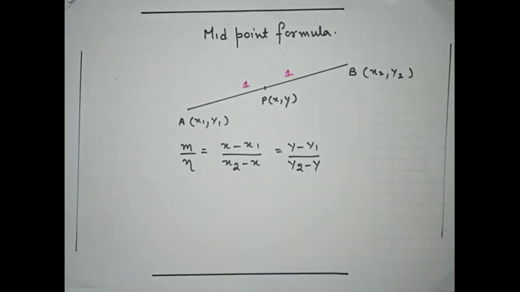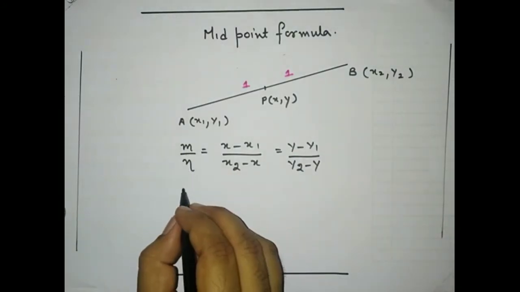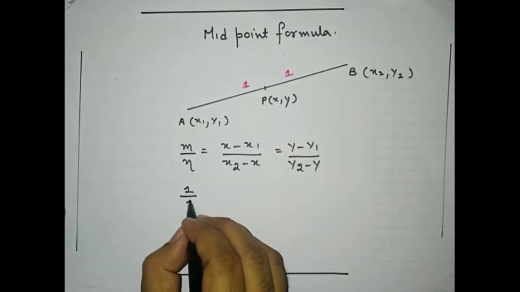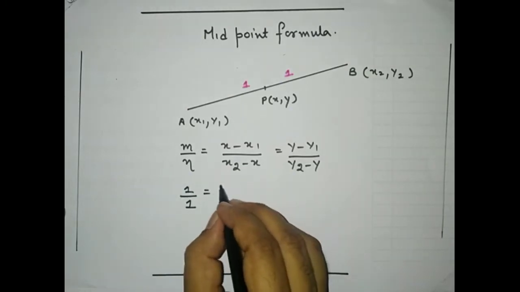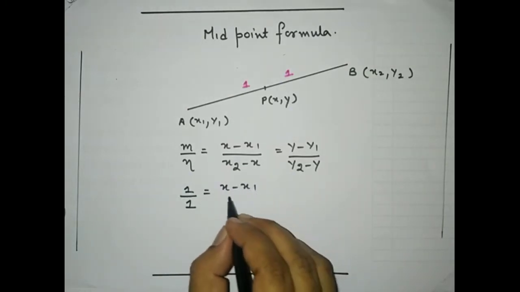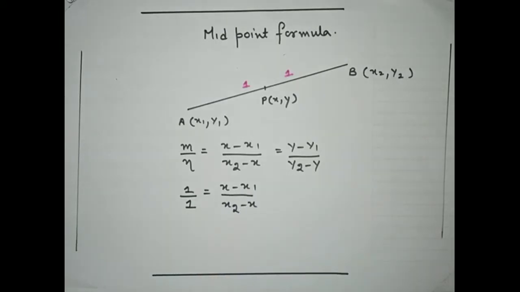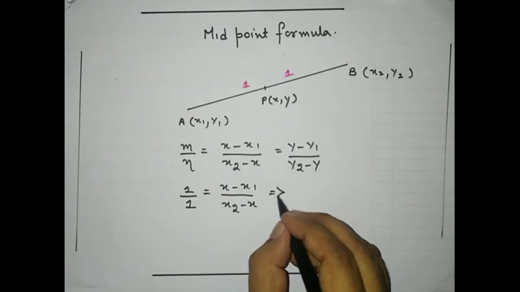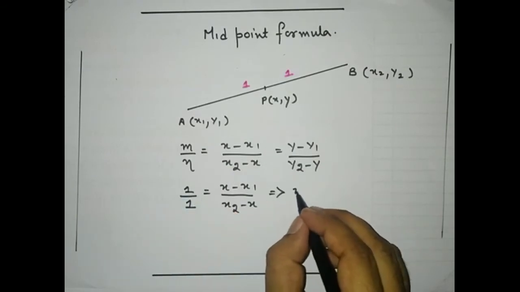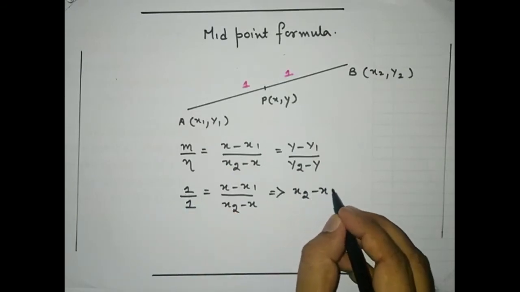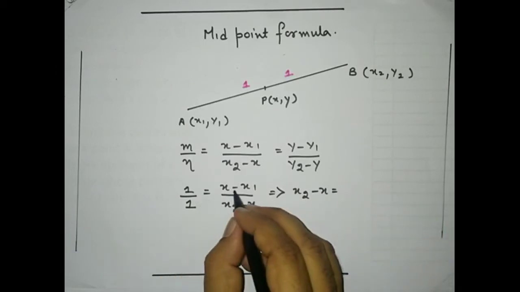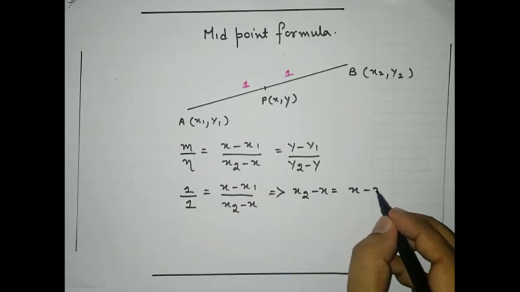So in this case, m over n will be 1 over 1. Let us equate it only with the x part and try to find the value of x. If I cross multiply, x2 minus x into 1 will be the same. Similarly, 1 into x minus x1 will also be the same.